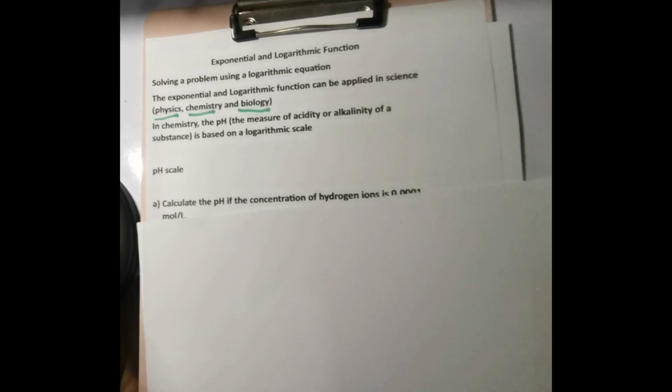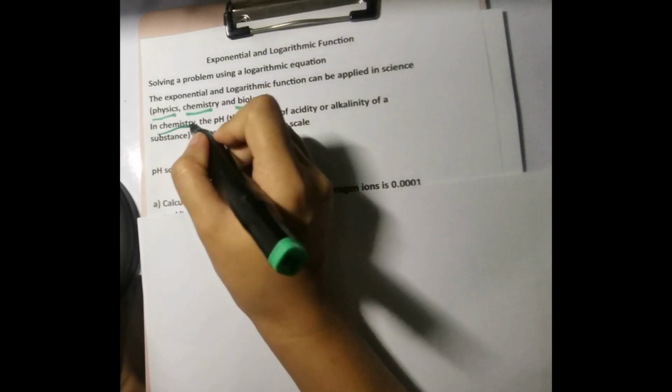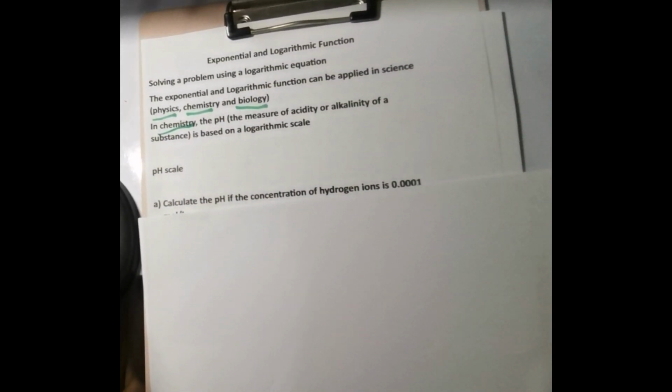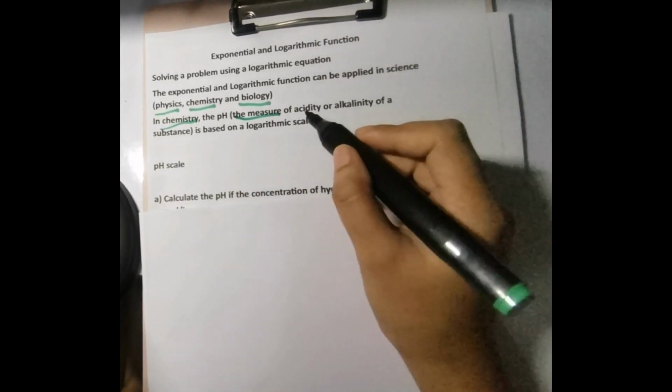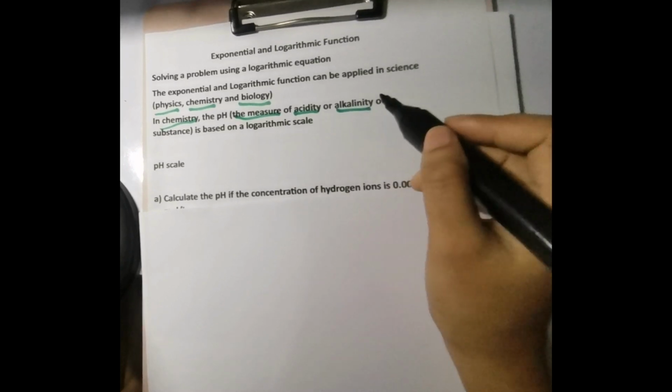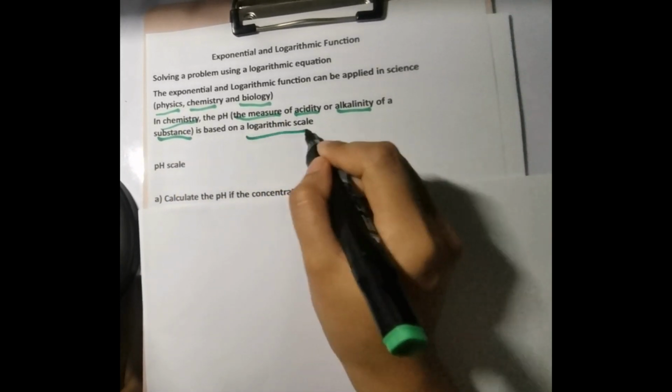So I have application in chemistry. The pH is the measure of the acidity or alkalinity of a substance and is based on a logarithmic scale.